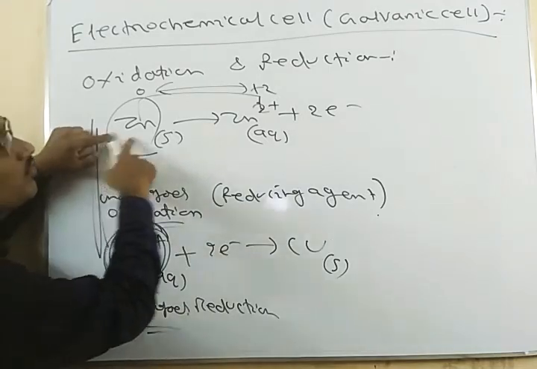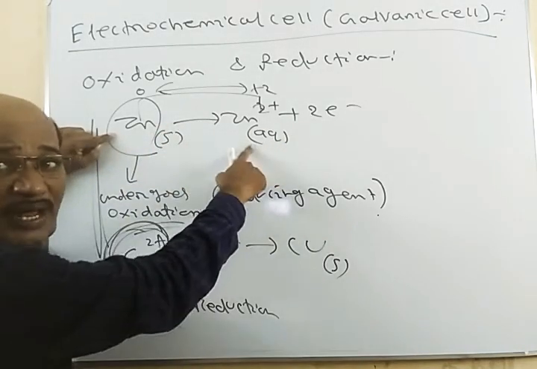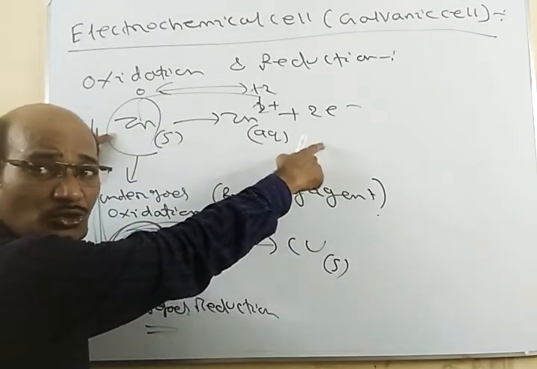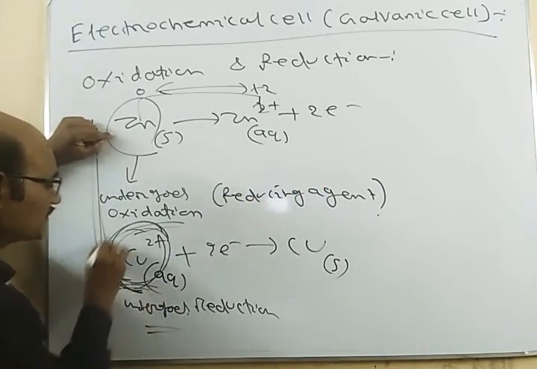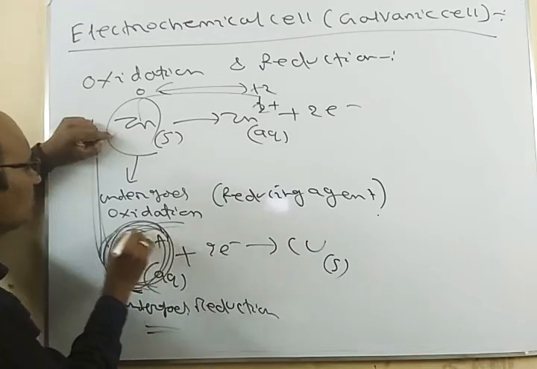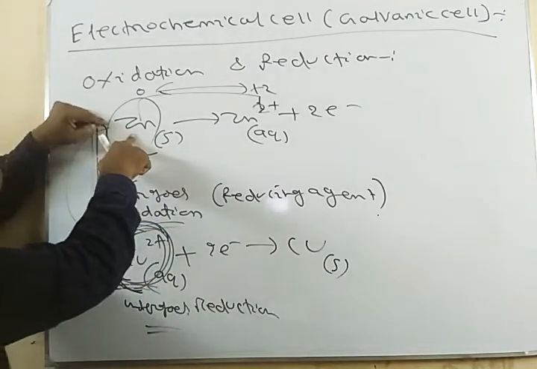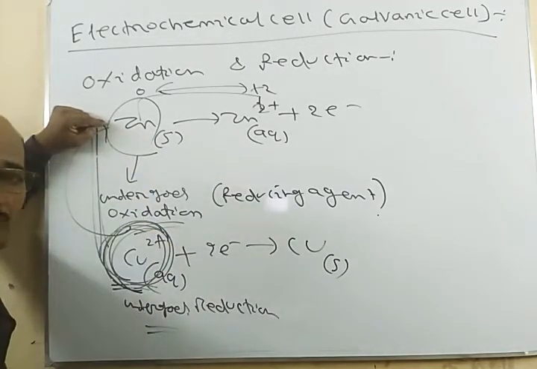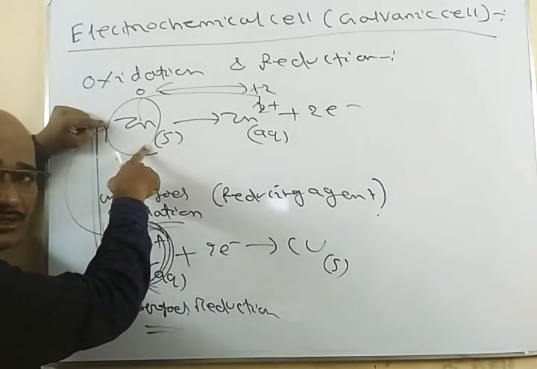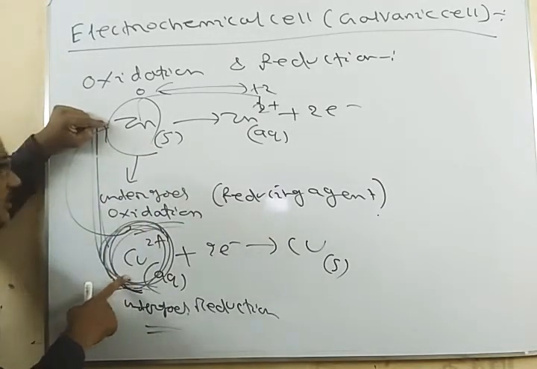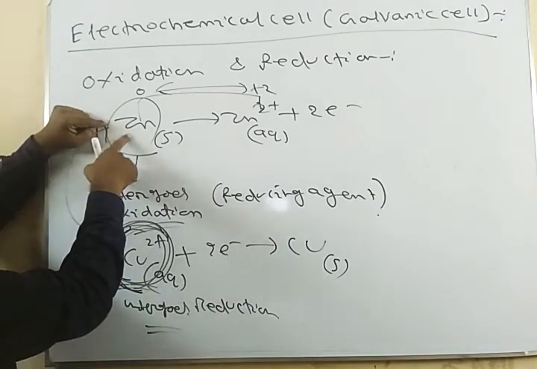Similarly, zinc undergoes oxidation by losing electrons, and these electrons are taken by the Cu2+. So you can say Cu2+ is oxidizing the zinc, because the electrons taken by this Cu2+ are given by zinc. So the Cu2+ is oxidizing zinc.